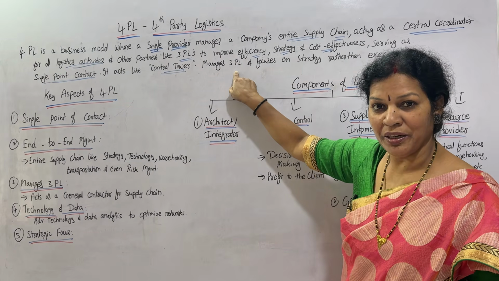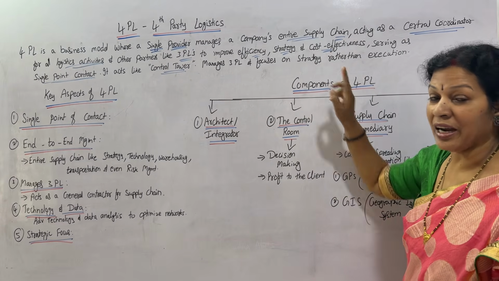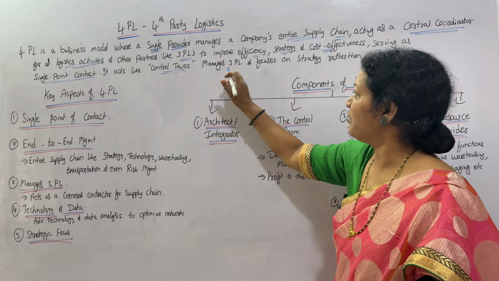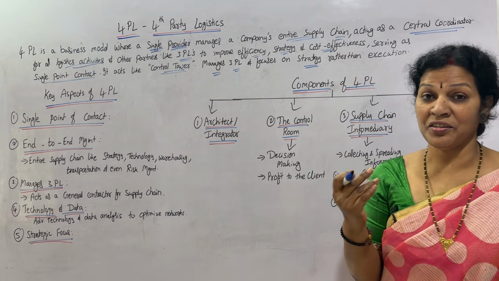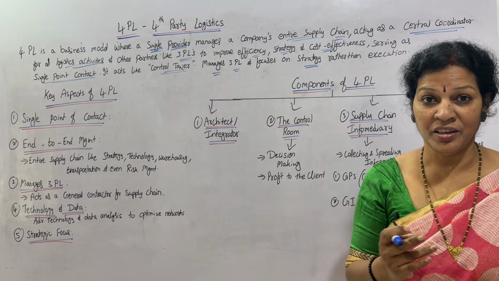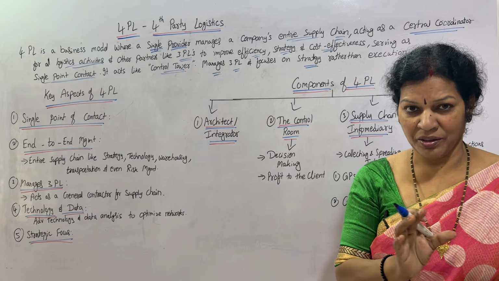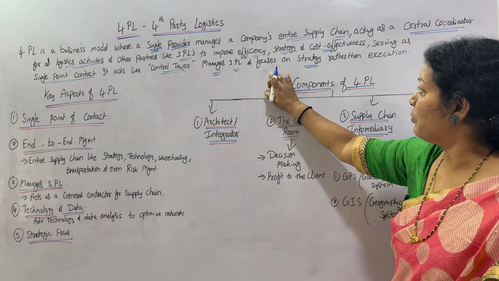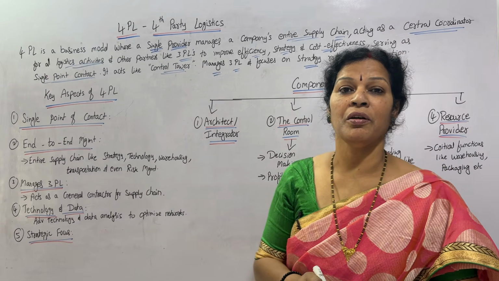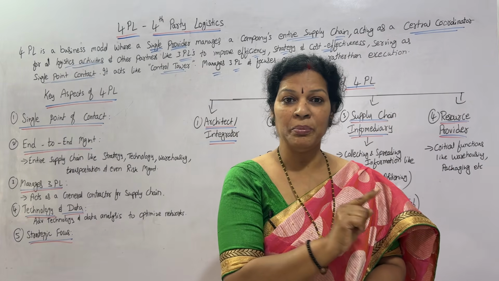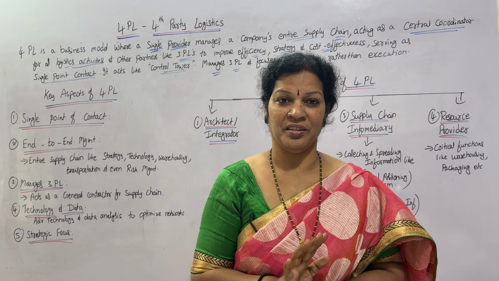It manages 3PL, as I told you, and focuses on strategy: strategic decision making, strategically taking things under control and following the new technology. Everything comes under the strategy. So they focus on strategy rather than execution. Execution is part and parcel of the organization. These people are not going to focus on execution, but they are focusing on the strategy.